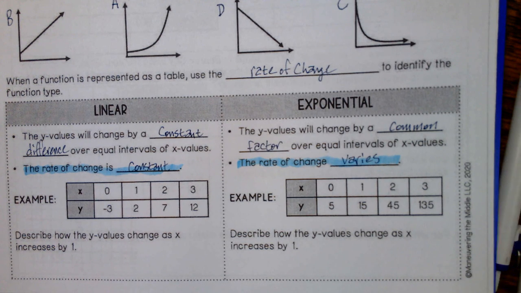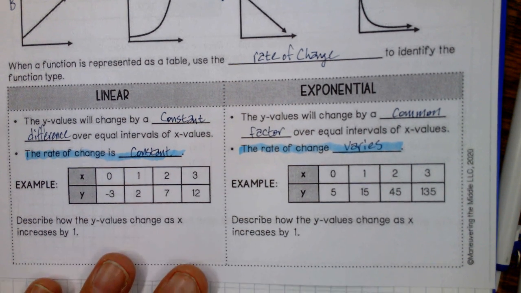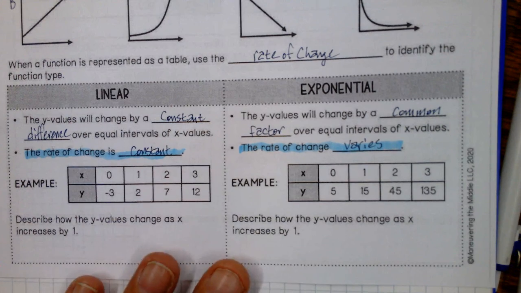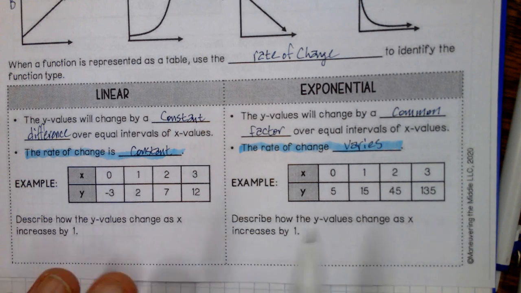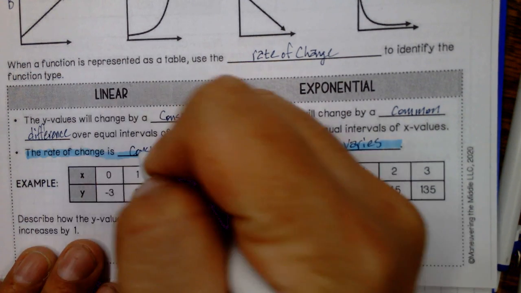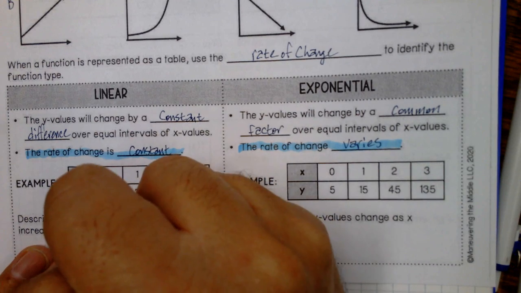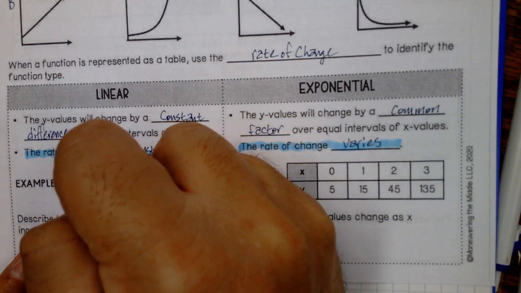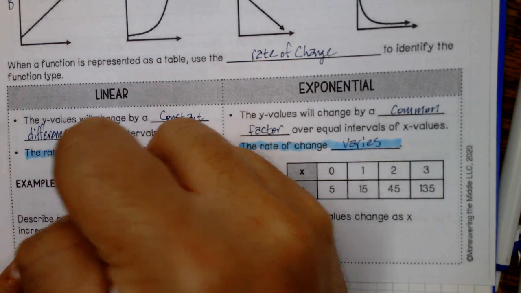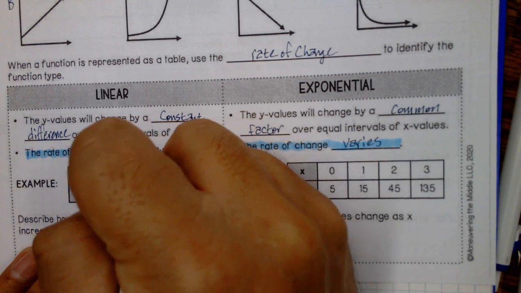Okay? So let's take a look here. Let's look at an example where it is linear. Okay? Well, let's just look at the x values. Do you see they're just increasing by 1? So they're always the same. So just plus 1. And they're always plus 1.